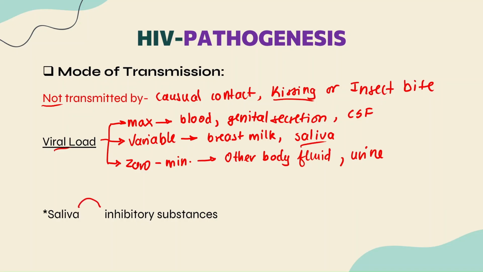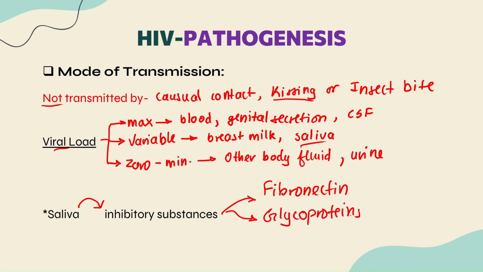Because saliva is having some inhibitory substances, and those inhibitory substances are fibronectin, that you have to remember, and also some glycoproteins. Because of the presence of these inhibitory molecules, saliva is going to prevent the transmission of HIV, okay. Clear till here? Okay.